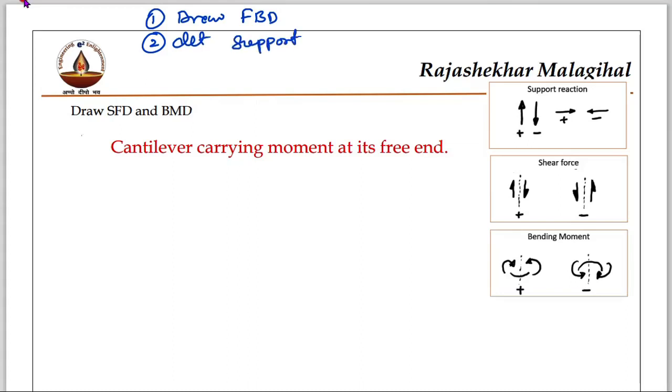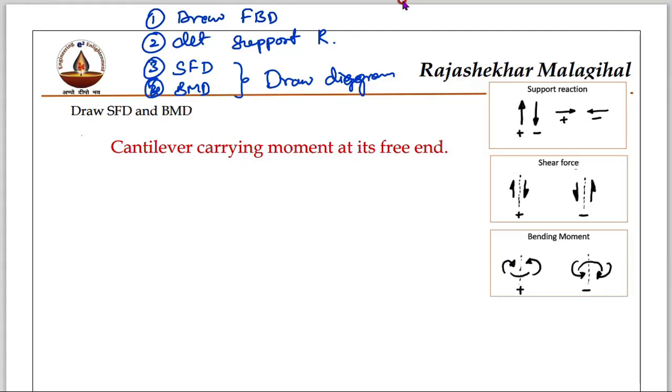Third, write the shear force, and after that you determine the bending moment. Then after this you can draw the diagram.